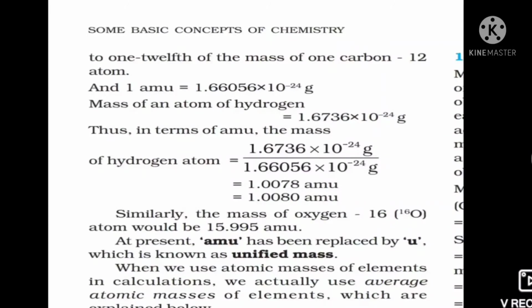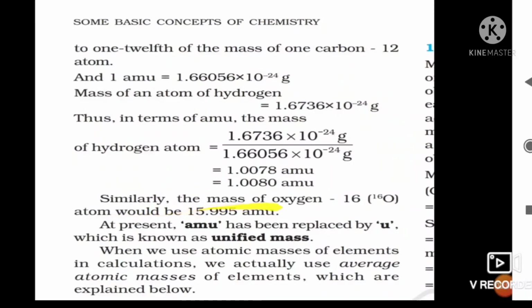Therefore, in terms of AMU, the mass of a hydrogen atom equals the mass of an atom of hydrogen divided by 1 atomic mass unit, which equals 1.6736 into 10 to the power of minus 24 grams divided by 1.66056 into 10 to the power of minus 24 gram, which is equal to 1.0080 AMU. This is the atomic mass of hydrogen.